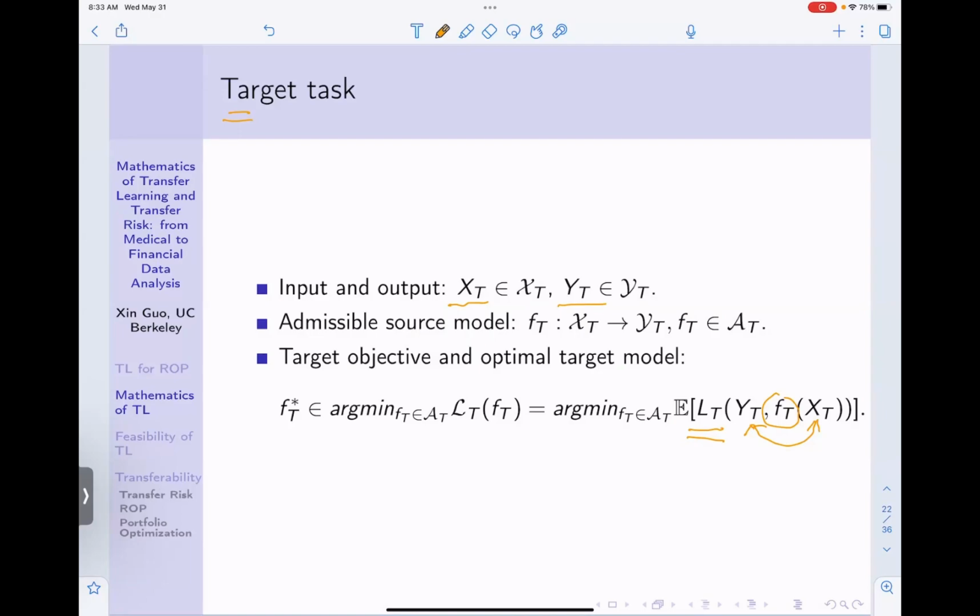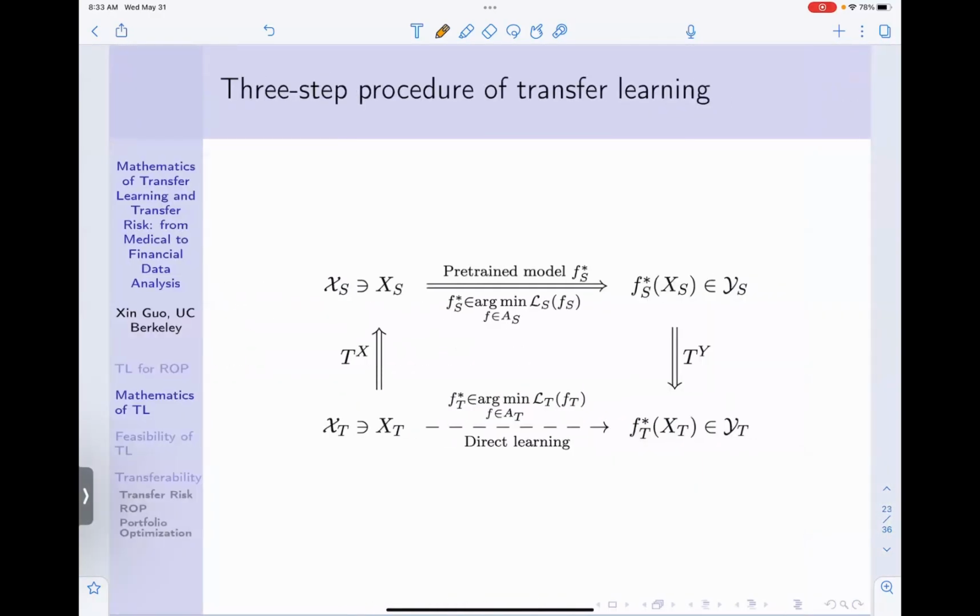So what exactly is transfer learning? This is a graph that took us a while to come up with, to understand and summarize this practice of transfer learning. Transfer learning is in fact a 3-step procedure.